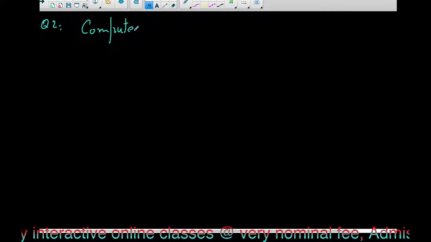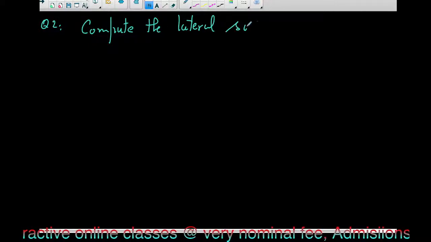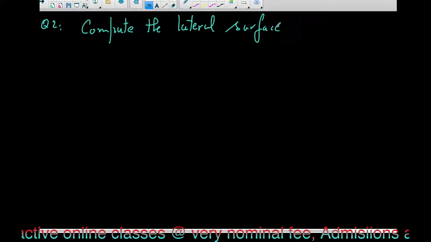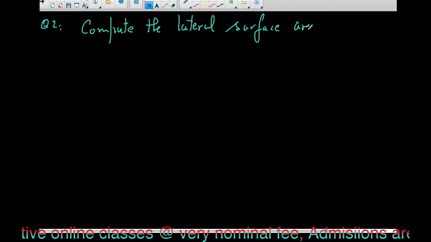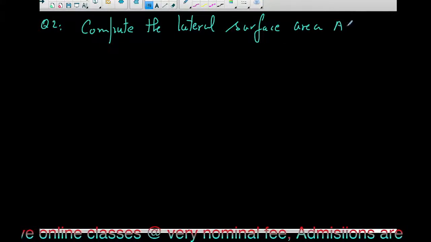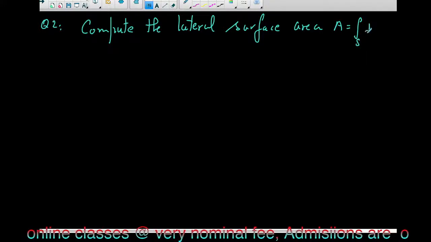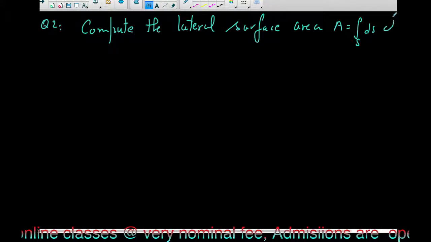I will attach this problem also later on. So question number 2, you can try this problem yourself. Compute, as with the cylinder, the lateral surface area A, that is the integral of S ds, of a cone.